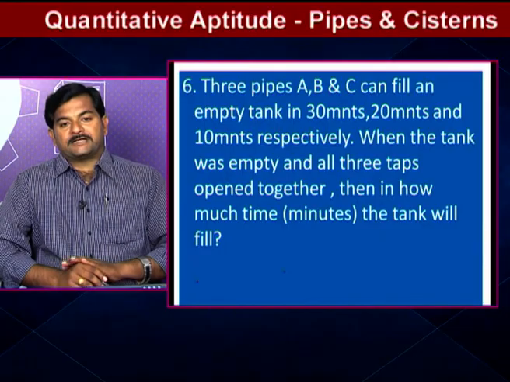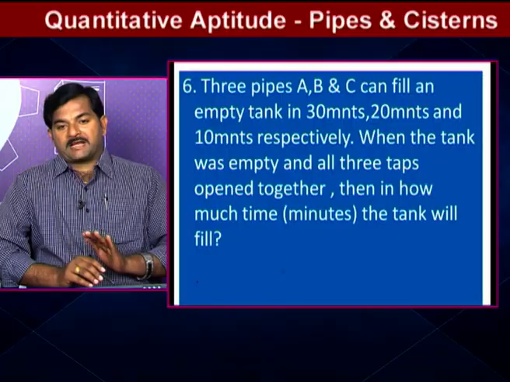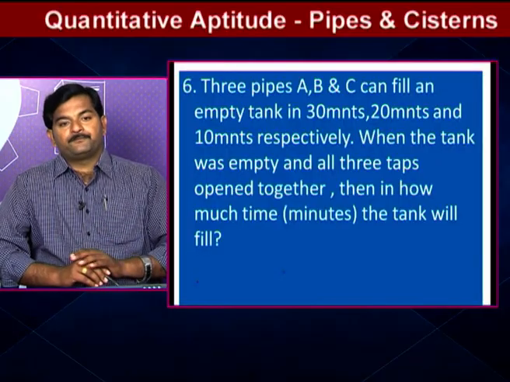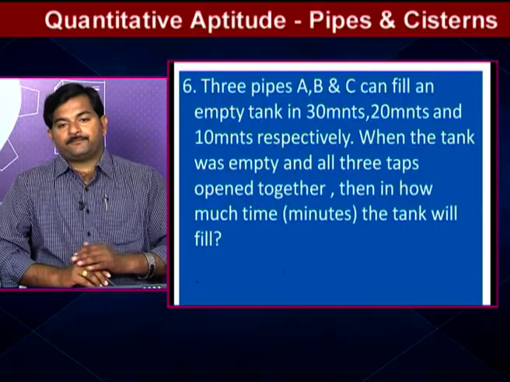When the tank was empty and all 3 taps are open together, then in how much time will the tank fill? That we have to find out in terms of minutes. See, how many pipes are there? 3 pipes. Pipe A can fill the tank in how many minutes? 30 minutes. Pipe B can fill the same tank in how many minutes? 20 minutes. Pipe C can fill the tank in how many minutes? And that is 10 minutes.